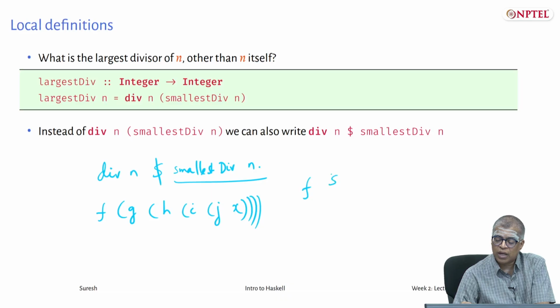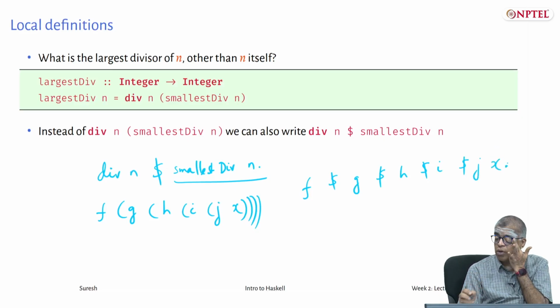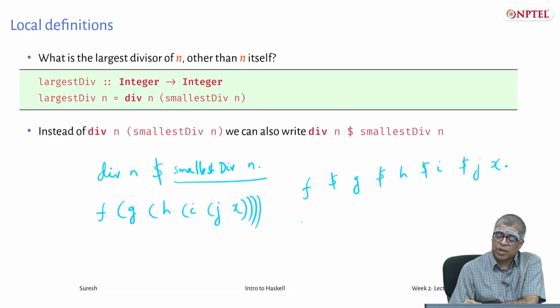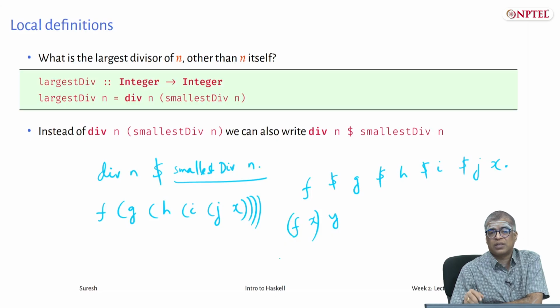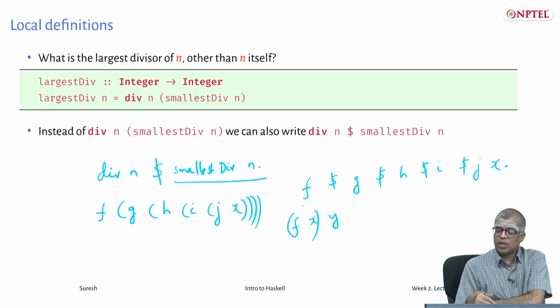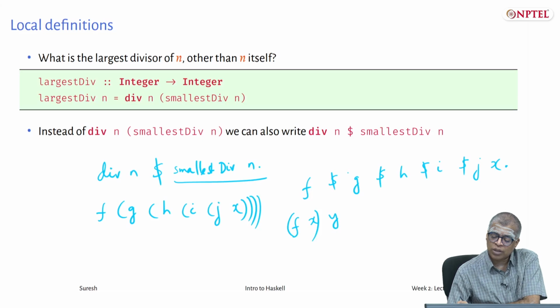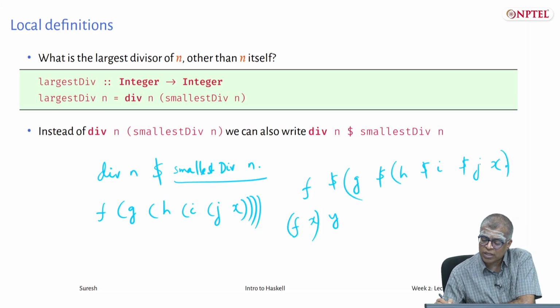Instead, you can just write f dollar g dollar h dollar i dollar j dollar x. Recall that in Haskell, if I write something like f x y, it should be treated as f applied on x and then the result applied on y. But the moment I put dollar, it treats the thing on the right as one unit. And here there is another dollar, so it treats this as one unit.